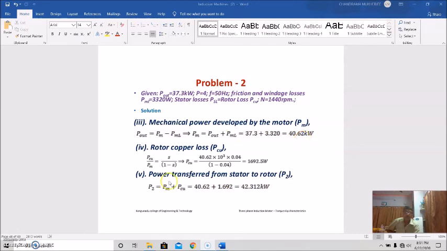Rotor copper loss by mechanical power developed equals S by 1 minus S. From here you will get the rotor copper loss. The power transfer from stator to rotor is PT equal to PM plus the rotor copper loss, that is, this plus this.